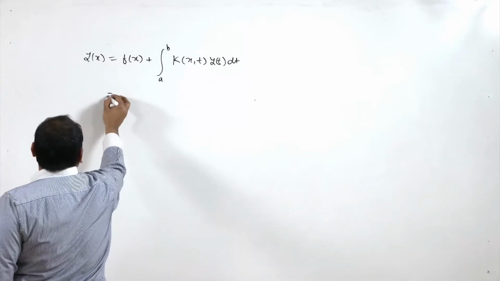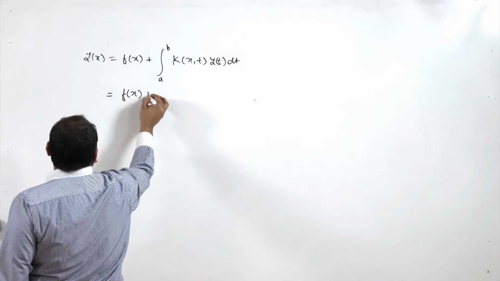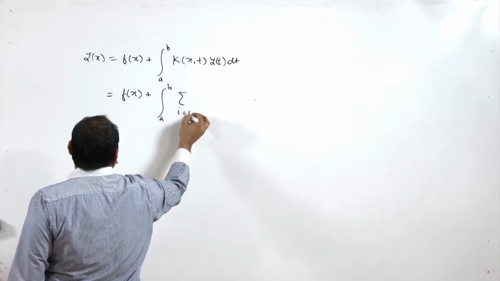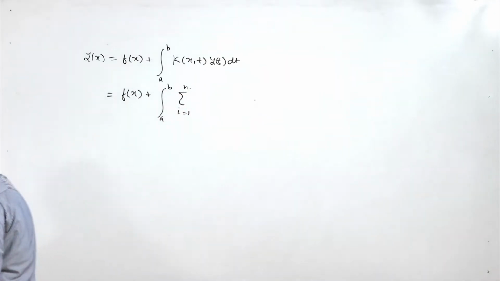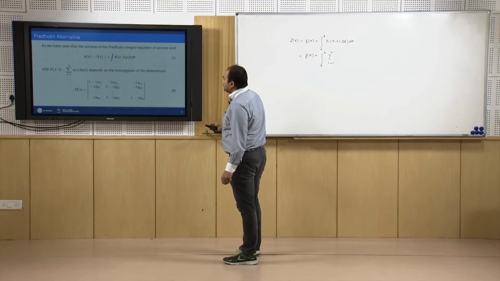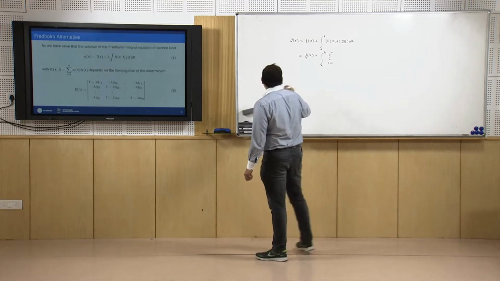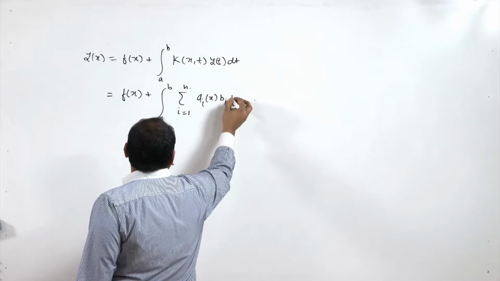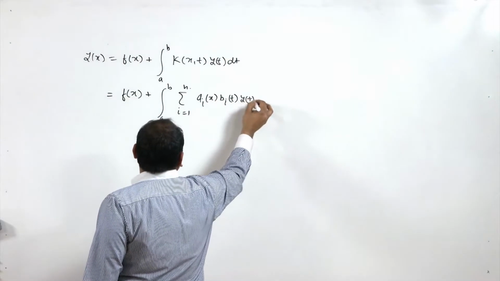Then what we try to do here is write the expression for k(x,t). It is the summation from i equal to 1 to n of a_i(x) b_i(t). So here we have a_i(x) and b_i(t) y of t dt.